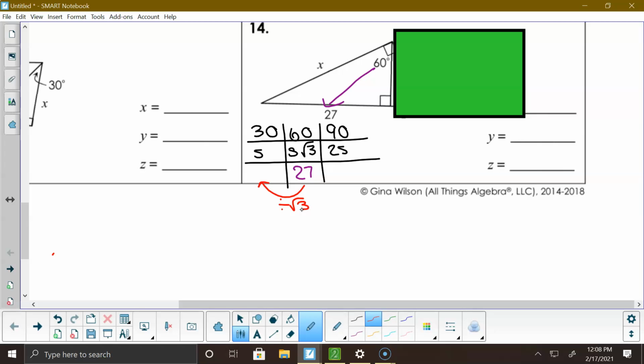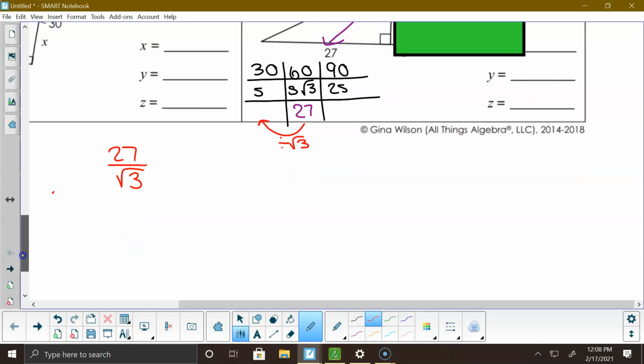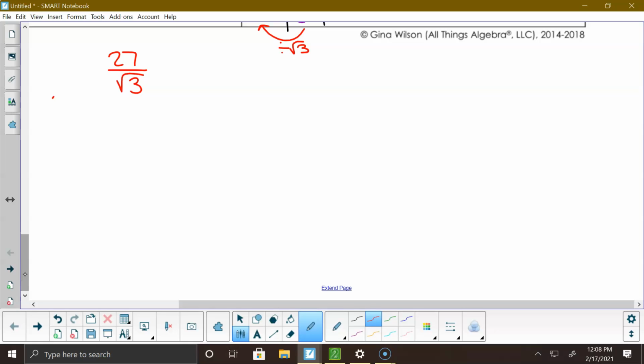All right, so all of that work that we did in 8.1a, this is y. So I have 27 divided by square root of 3. How do I simplify that? The calculator. It's going to be ugly if you type it in the calculator, right? Yep. So, we're going to multiply top and bottom by root 3 over root 3.